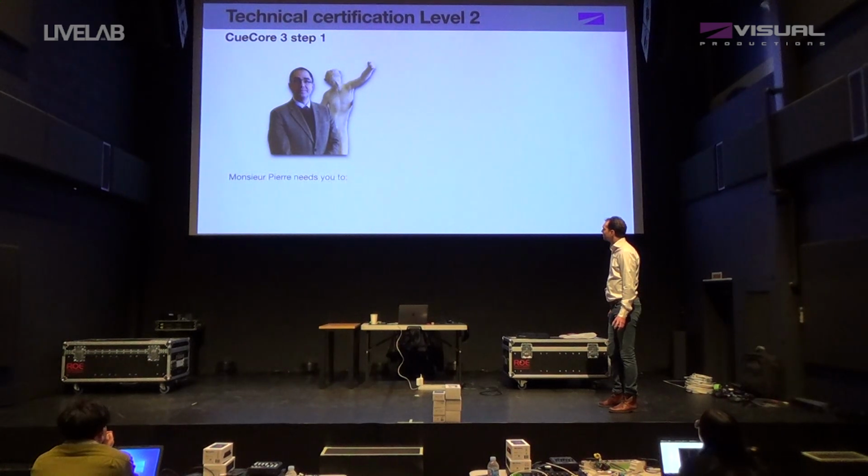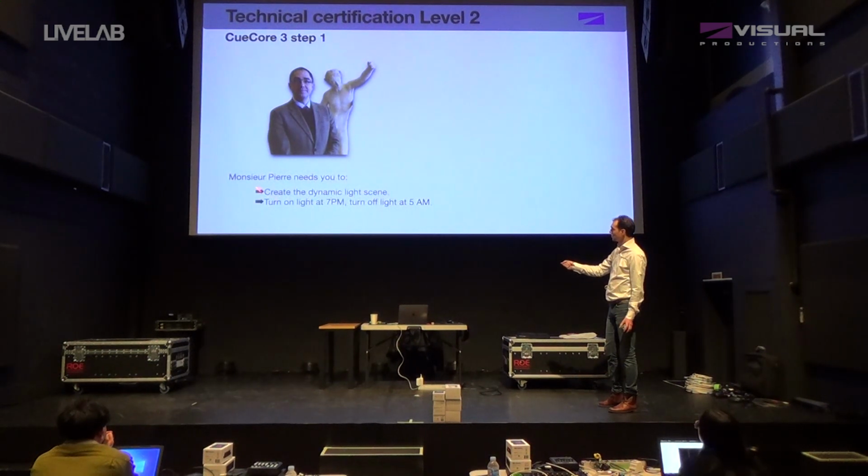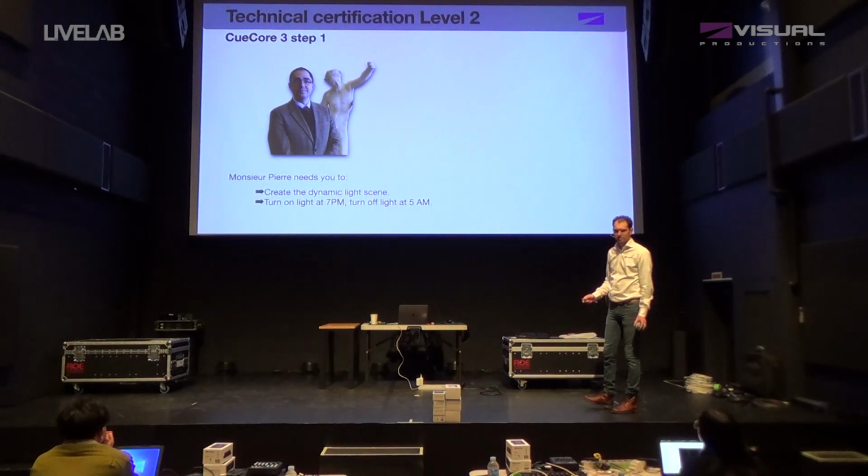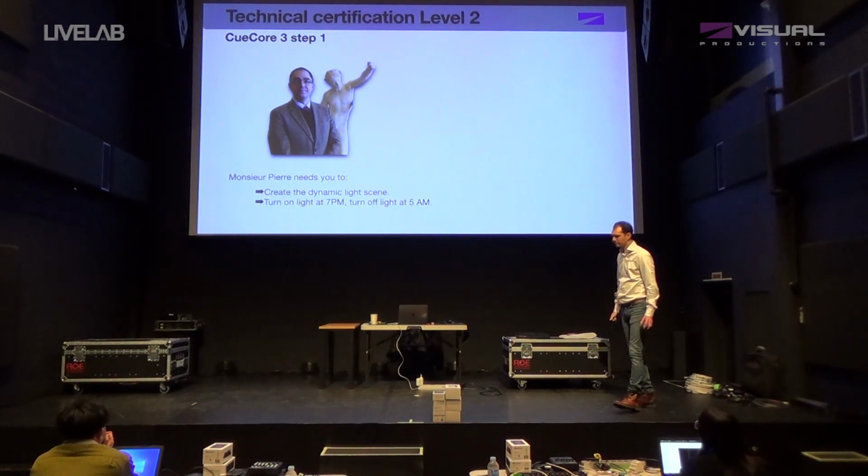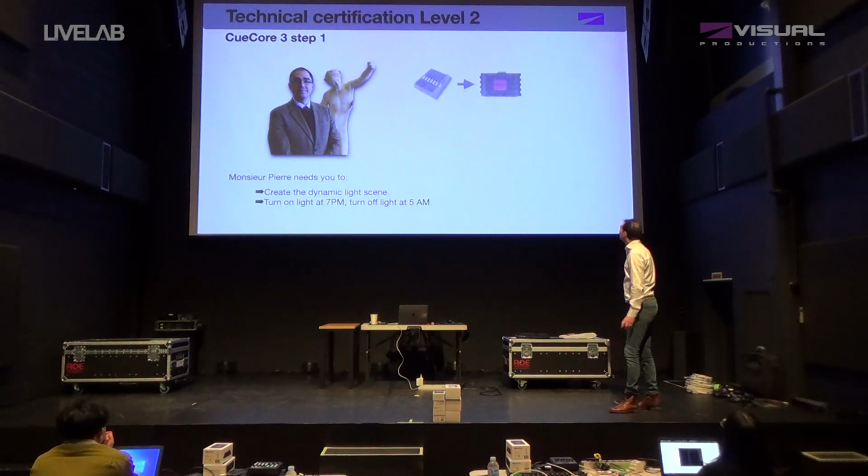So to do that, first we need to create a dynamic light scene. 이렇게 하기 위해서는 먼저 다이나믹 라이트 씬을 구성해야 되고요. And then make the programming to turn on the lights at 7 and turn off at 5. 그리고 오후 7시에 켜지고 오전 5시에 꺼지도록 프로그래밍을 해야 합니다.